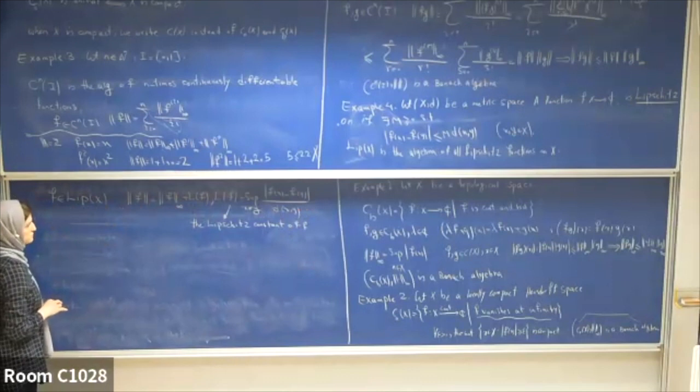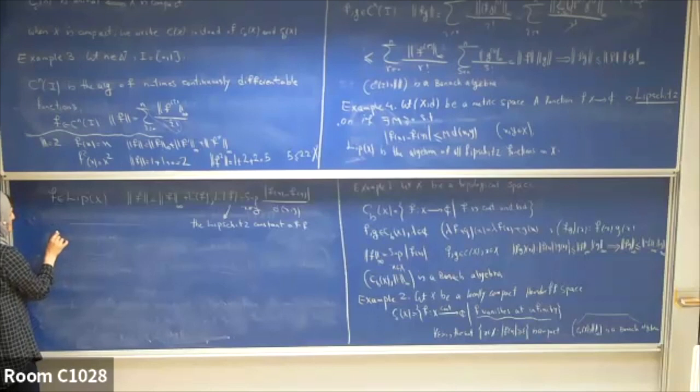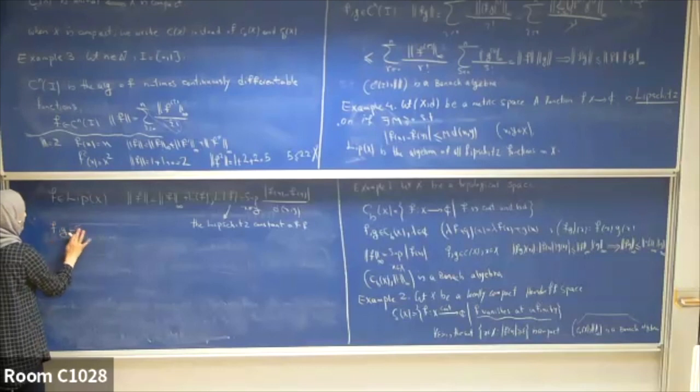But anyway, it's the least number satisfying that property. I want to show that this is a complete norm, and also that it satisfies the submultiplicative property. I show the second one first. Let f and g be in Lip(X).